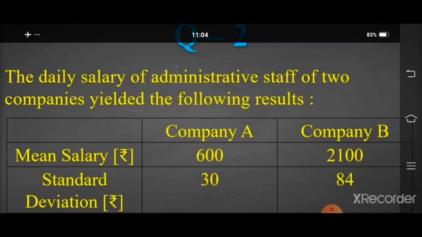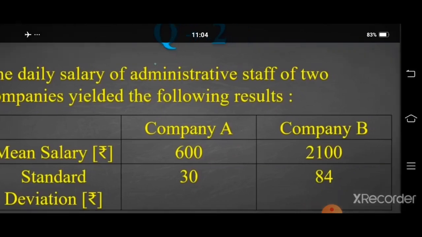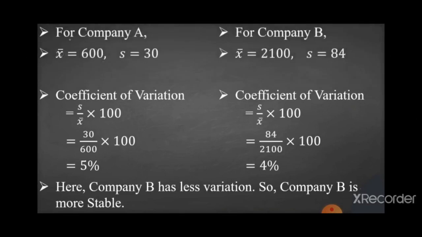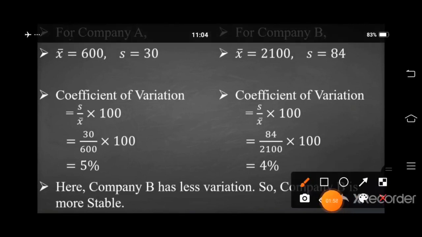Now we have to find out which company has more stable salary. So let us find out for company A or company B. In company A, mean equals 600, S equals 30. Already they have given us here.